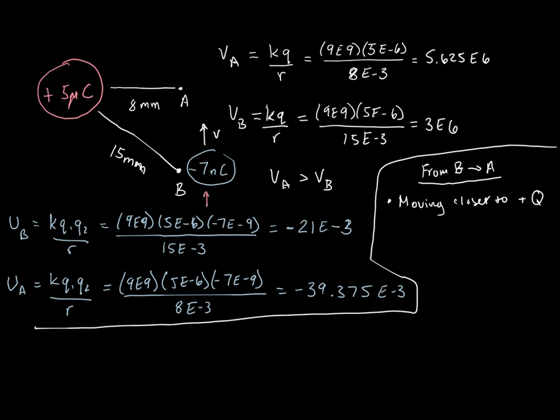Field will push this way. External force will want to push the other way. Okay. So if we write that down there, but we're moving up, that means field did positive work, whereas the external force did negative work.